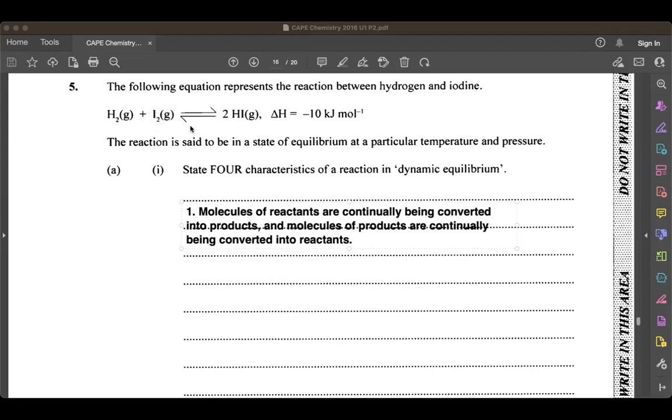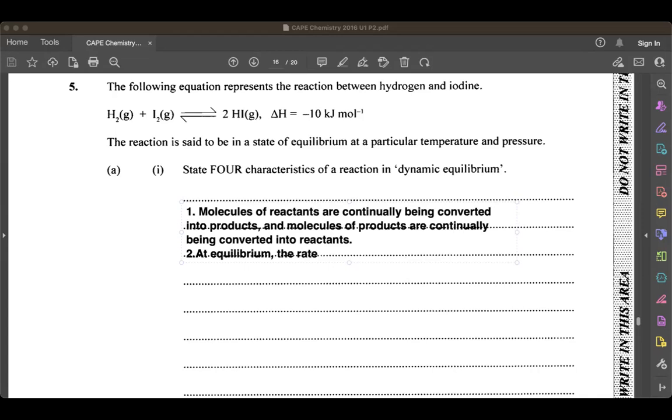And that's what these forward and backward arrows tell us, that those molecules are continually being converted, right?